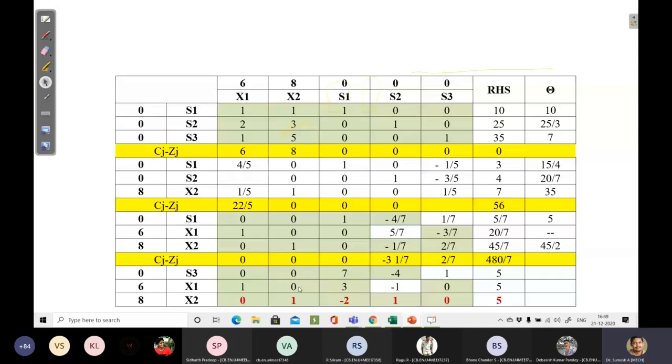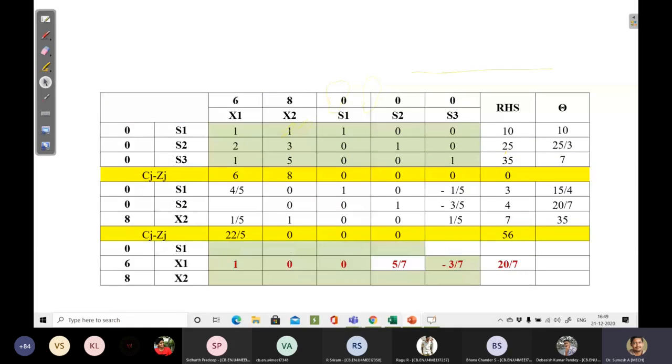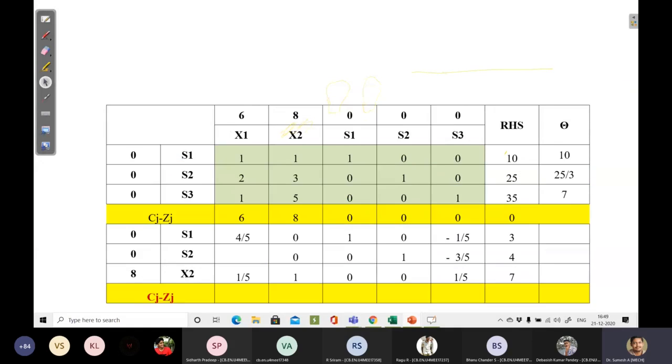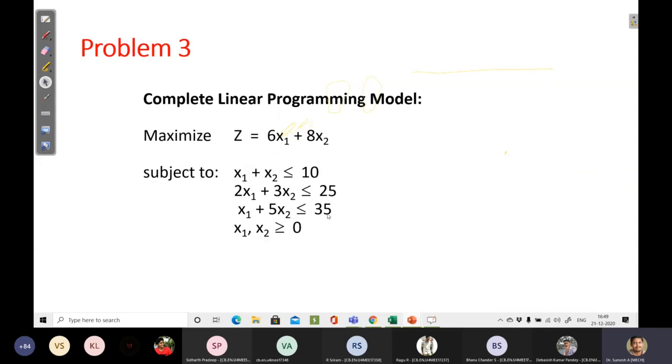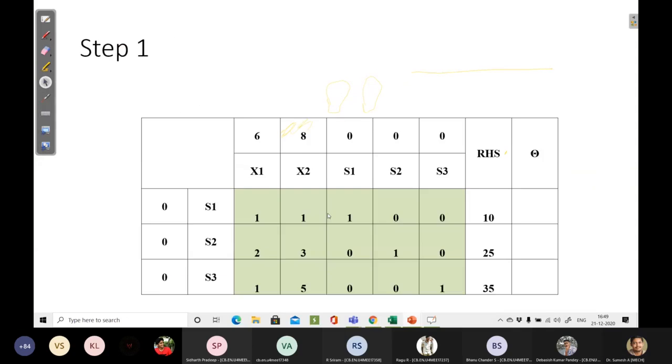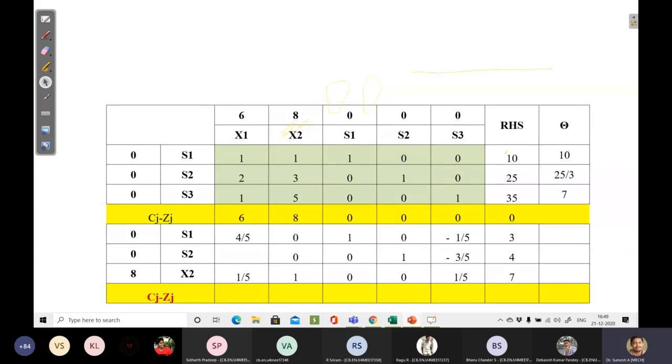Which problem? Let me check. One minute. So in this problem, yeah, 3 constraints. Do you remember which iteration I told you?